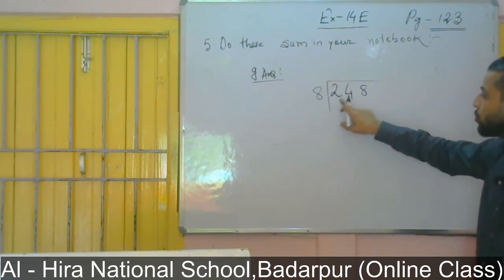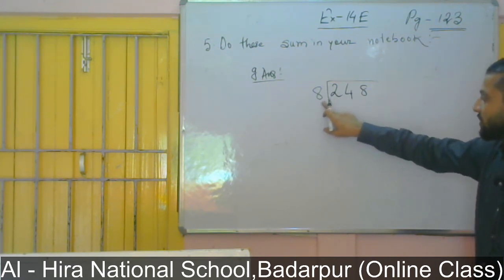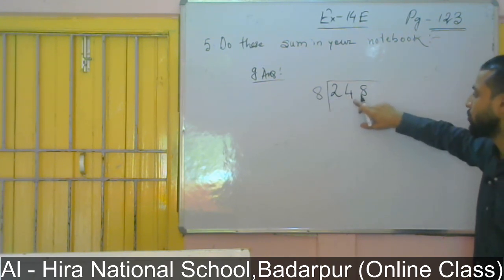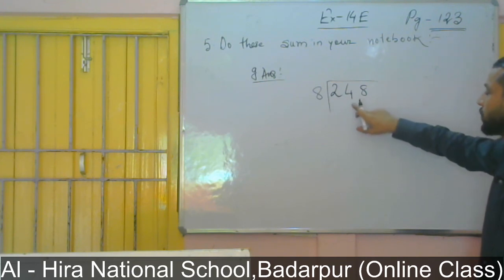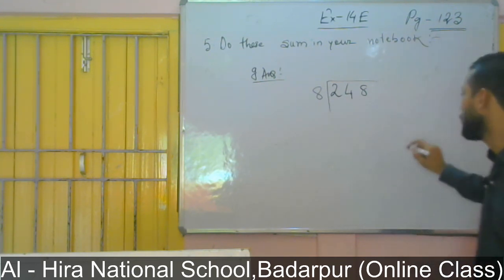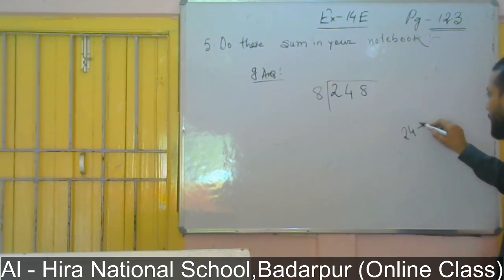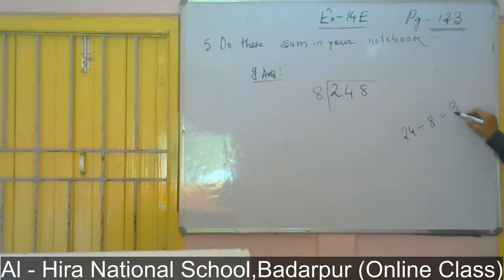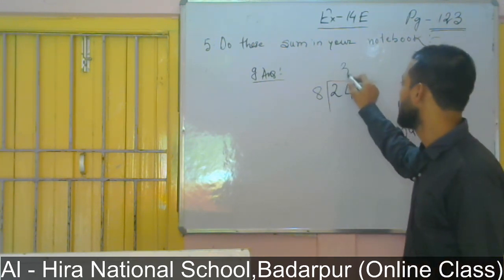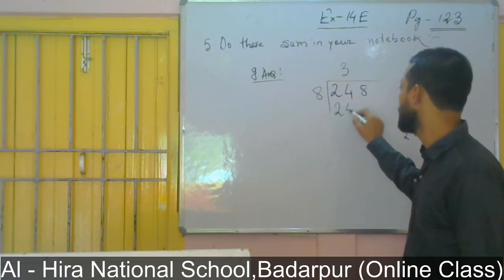Here we can see 2. This 2 is smaller than 8, so we cannot divide it by 8. To make it divisible by 8, we take both the numbers, so we have 24. 24 divided by 8: 8 ones are 8, 8 twos are 16, 8 threes are 24. So we can write here 3.